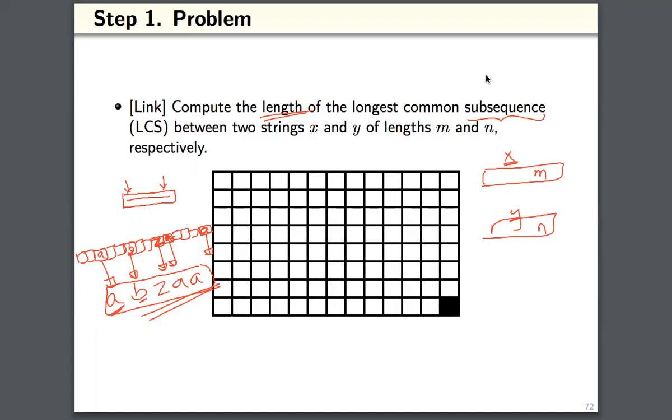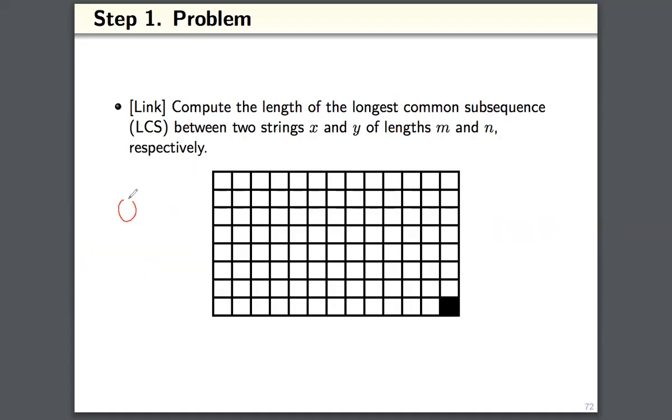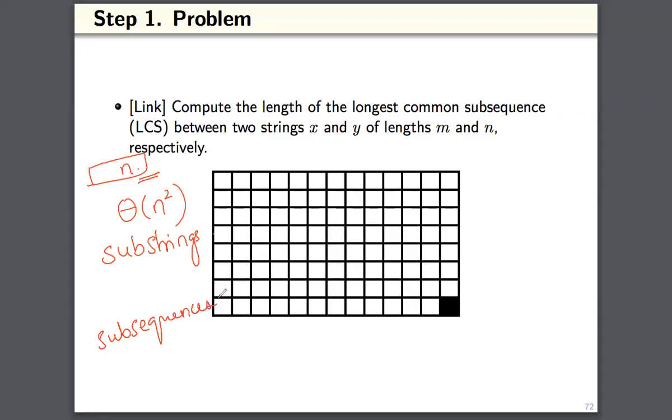Now, how many substrings are there? We saw in the previous session that given a string of size n, there are theta n squared substrings. Now, can you tell me how many subsequences will be there for a given string of size n? How many subsequences? 2 to the power of n. 2 power n.